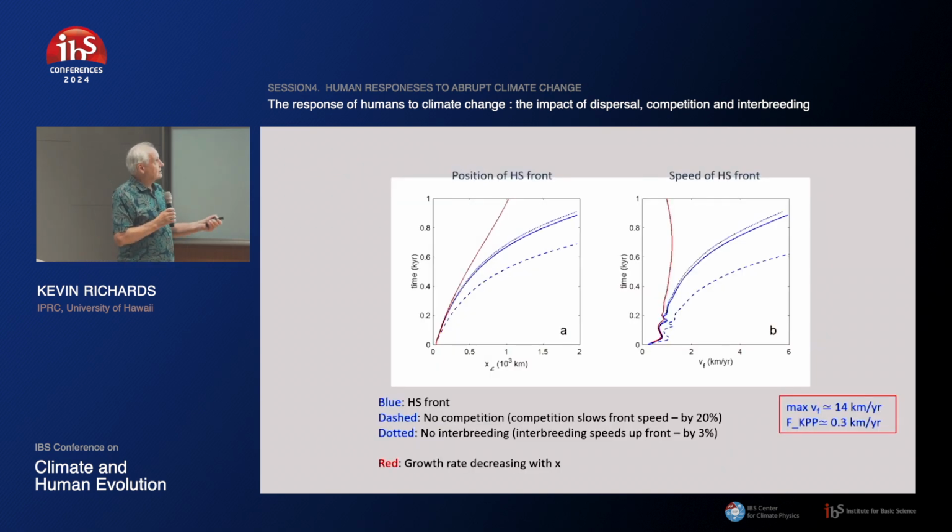And if we look at the rate at which the front of Homo sapiens propagates across the domain, you may have noticed that there was an acceleration in that front. The solid blue line here gives us the position and the speed of the Homo sapien front, and we see that the front is accelerating with time.